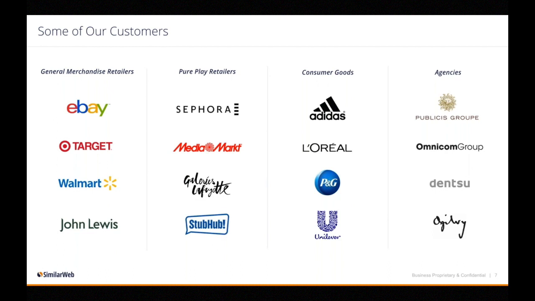So businesses like eBay and Walmart, John Lewis, as well as consumer goods companies like Adidas, L'Oreal, Procter & Gamble, Unilever, etc. And then lastly, agencies are a big source of our business because they use our data to advise their customers. So it's another really great vertical that we work with that services this entire industry.